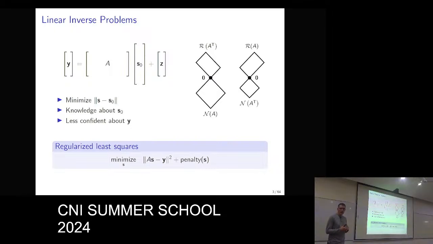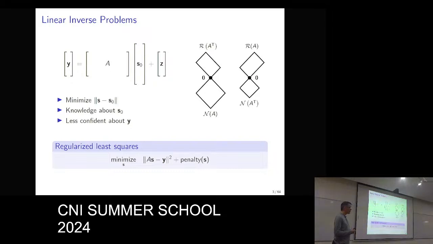So I want to start from a general concept, and then we'll start with the easiest regularized problem, and then we'll go to the L1 regularized problem. So in general, this is the problem we just discussed. I want to minimize the norm between S and S0.